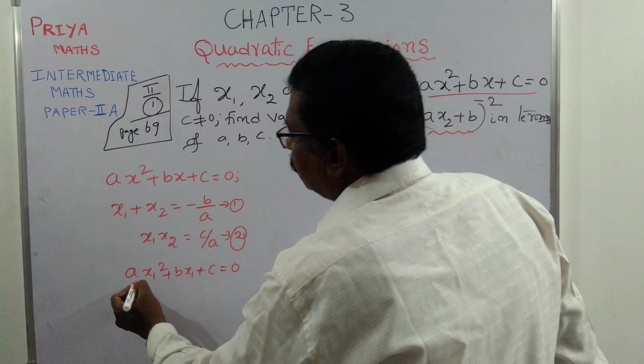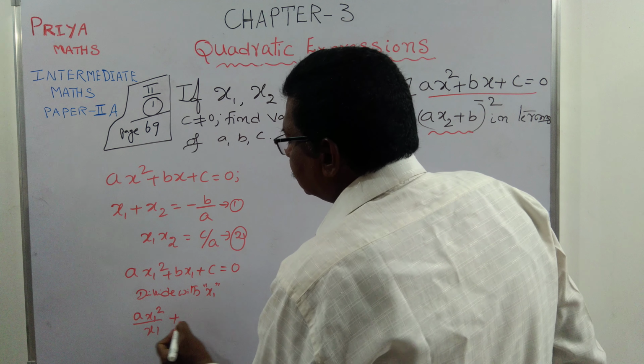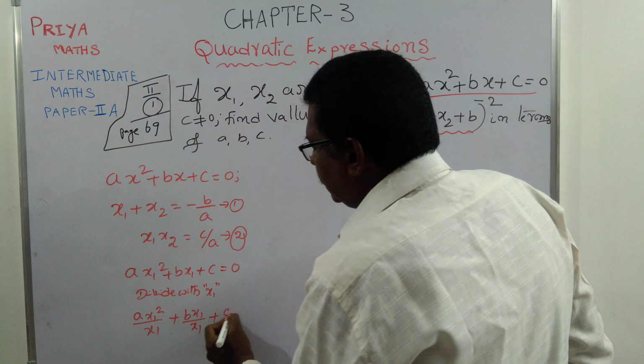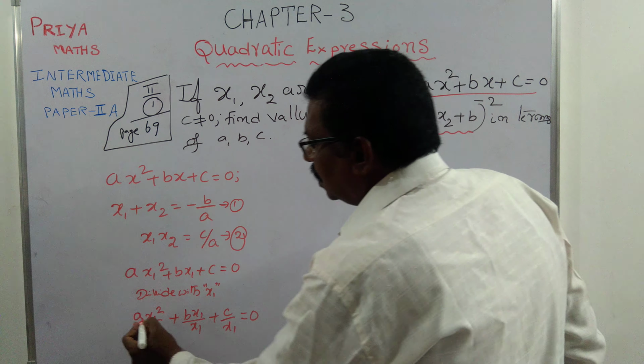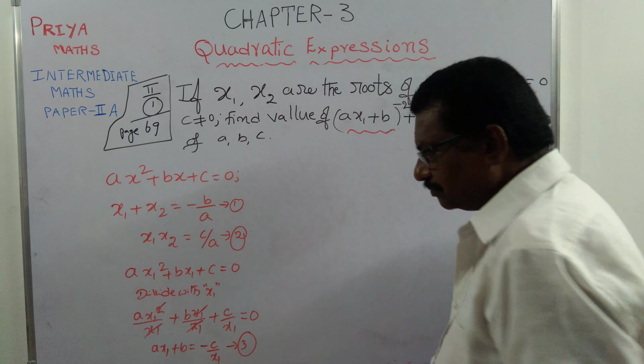So a x1 square by x1 plus b x1 by x1 plus c by x1 equal to 0. The x1 cancels, so ax1 plus b is equal to minus c by x1. Say this is equation number 3.